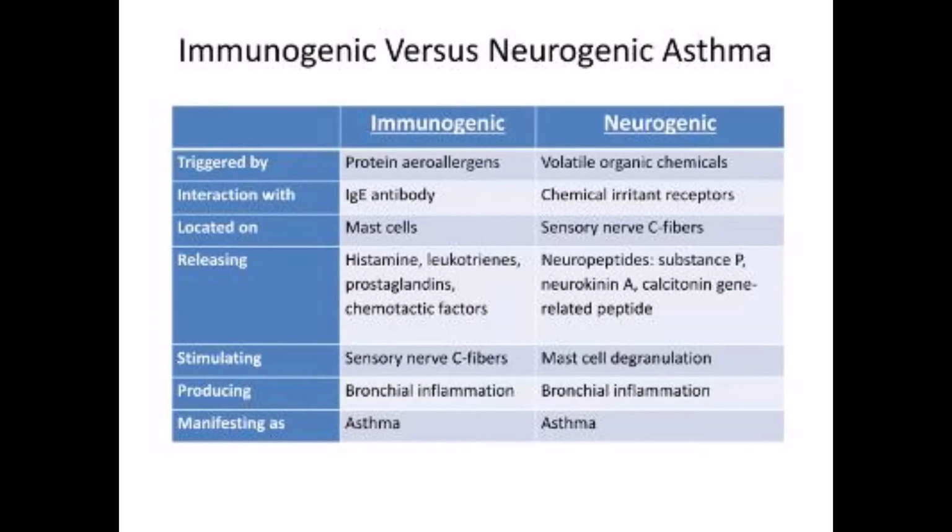So this table is from the Meggs paper referenced in the description. It distinguishes immunogenic versus neurogenic asthma based on the triggering mechanism, where the trigger of true allergic inflammation is a protein molecule, and that is mediated by an IgE antibody created by the adaptive immune system in the process of allergic sensitization.